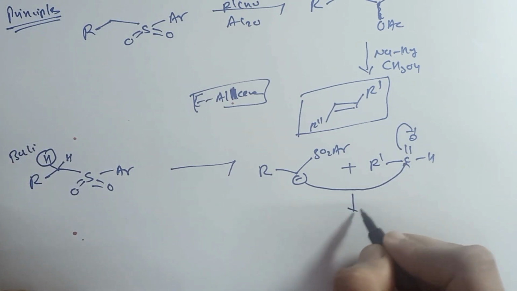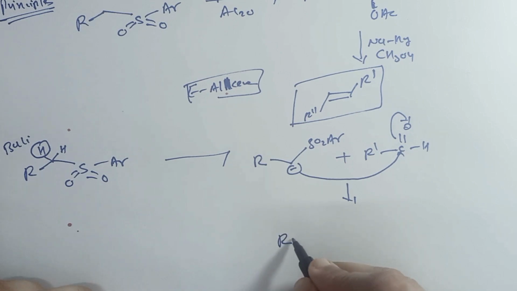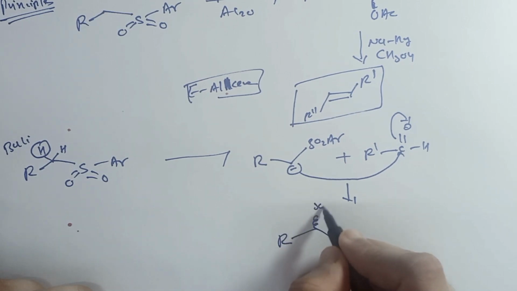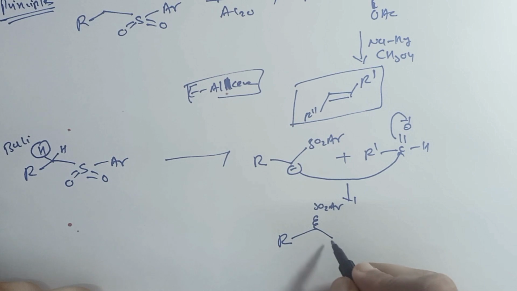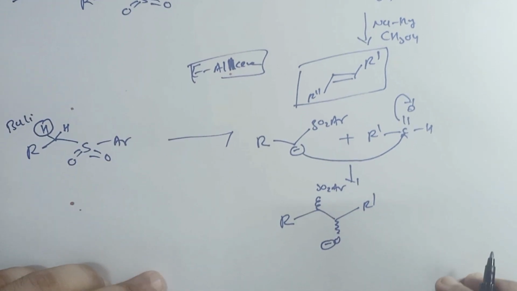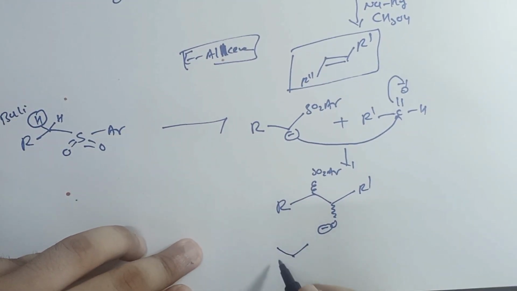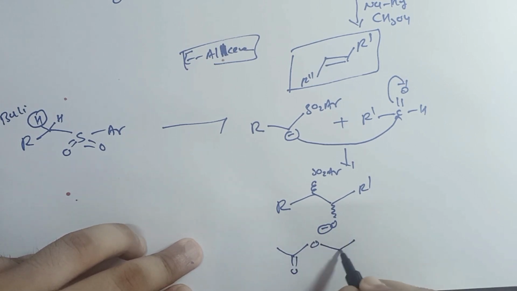So here we are getting this type of intermediate. Say suppose you are having an R group over here, an SO2Ar group over here, and here we are also having an oxygen minus charge, and here an R dash. Now when it is reacted with another mole of acetic anhydride, here I am drawing the molecule, that is acetic anhydride.